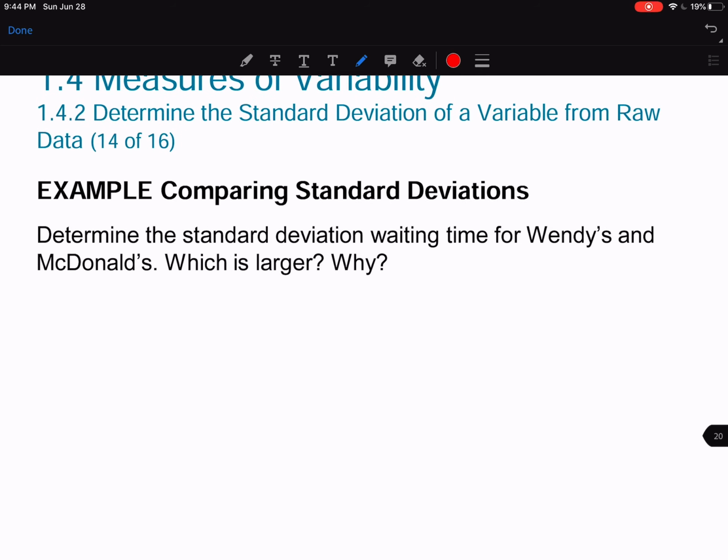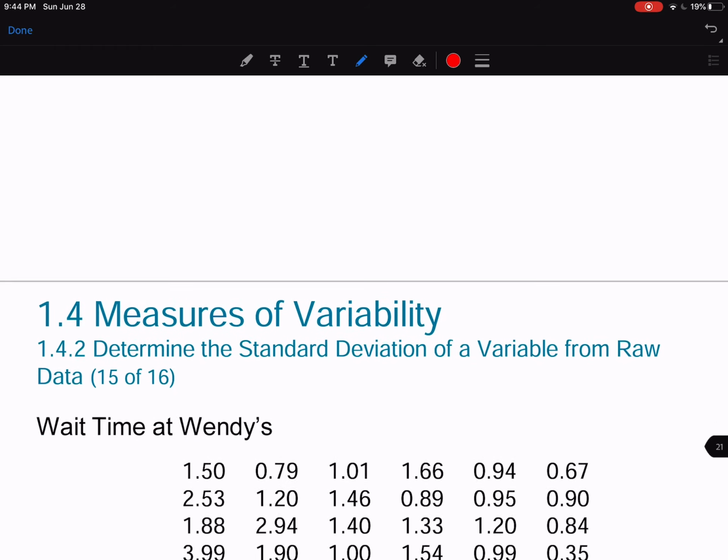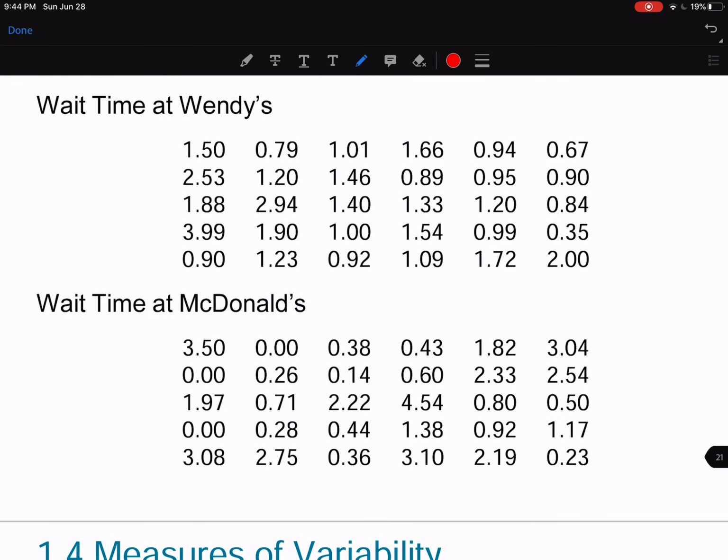Now, once we know the definition of standard deviation, let's get back to the very first example we went over. Determine the standard deviation of waiting time for Wendy's and McDonald's, which is larger? Why? So we get the raw data here.